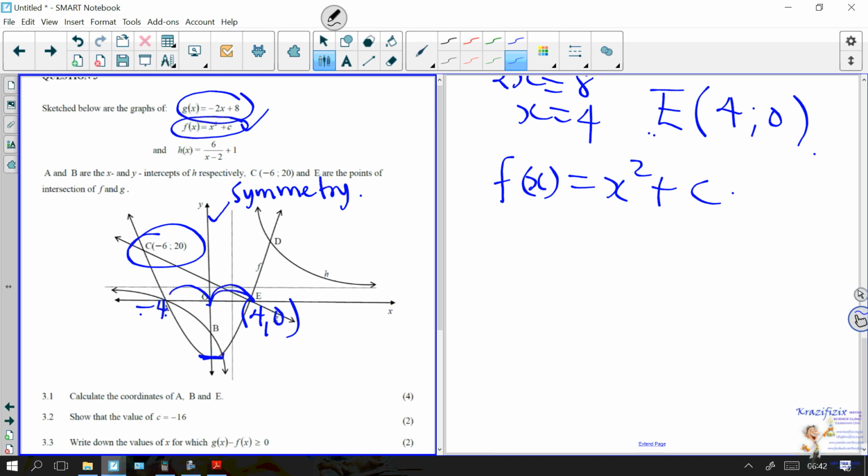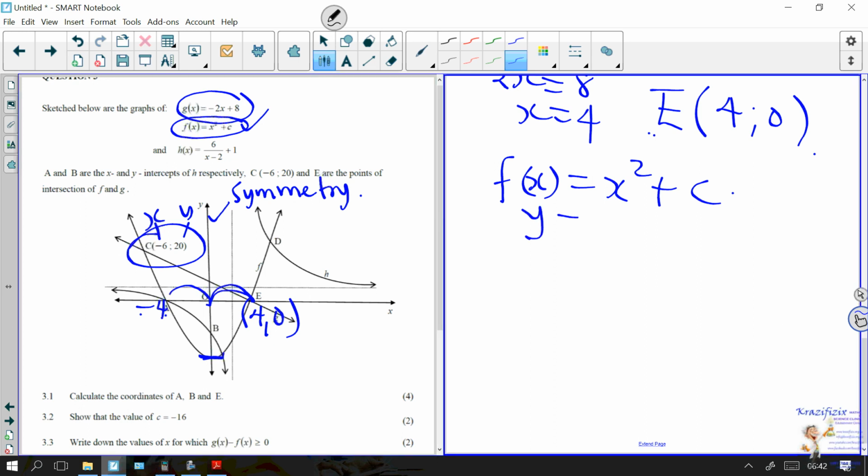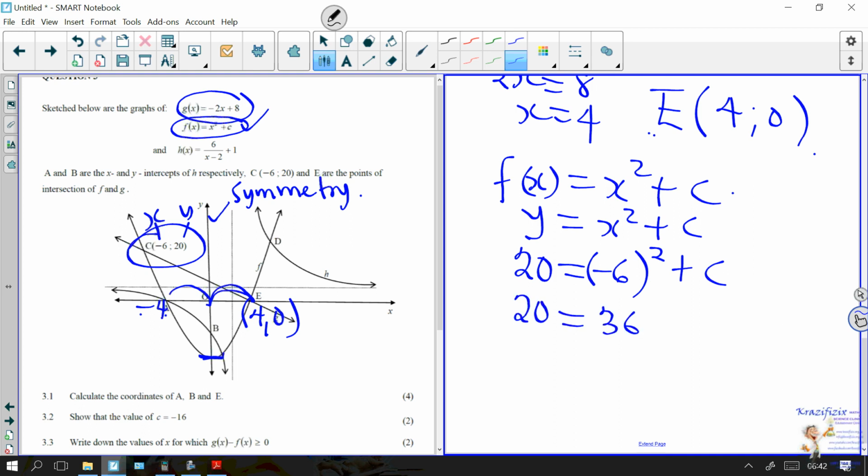Now, with that, I know my x equals negative 6 and my y equals 20. Remember, this means y equals x squared plus C. What is my y value? 20. What is my x value? Negative 6 squared plus C. 20 equals 36 plus C. C, if we move this over, becomes negative 16.